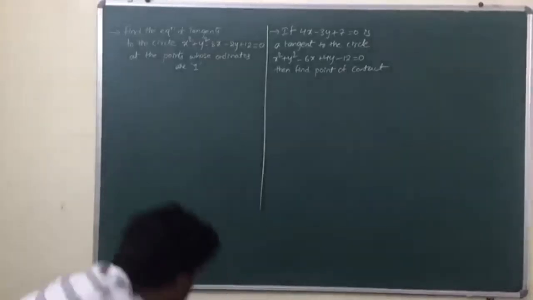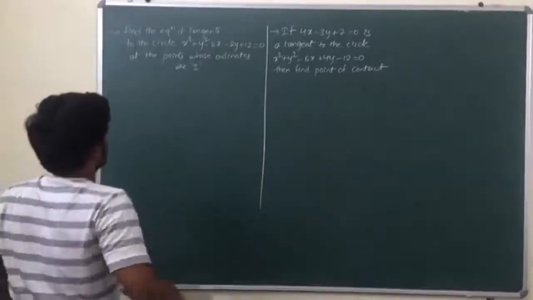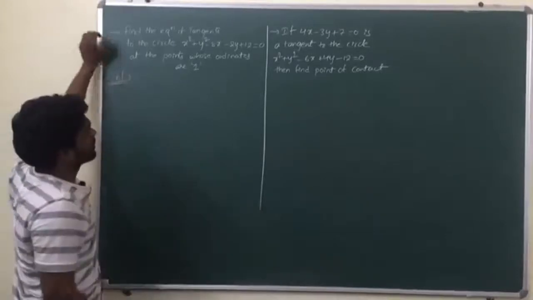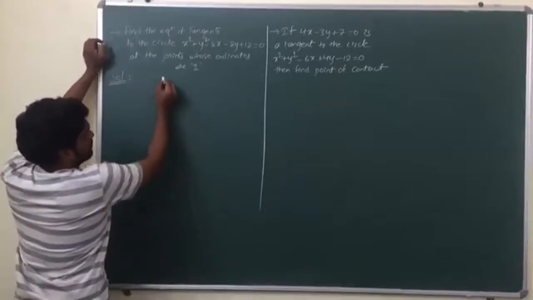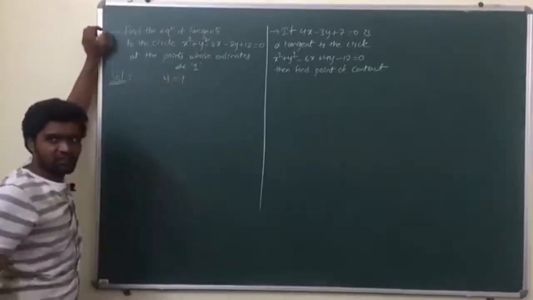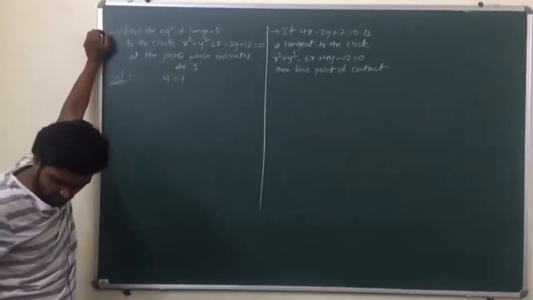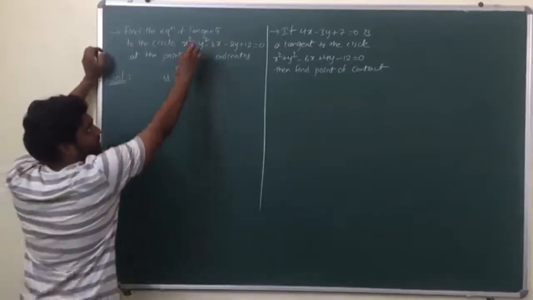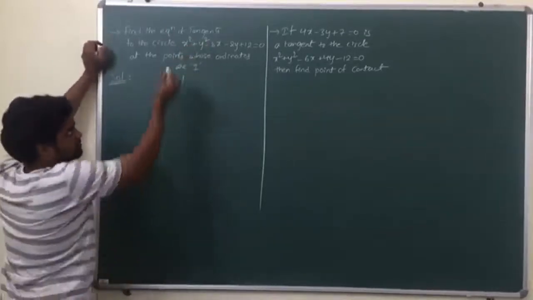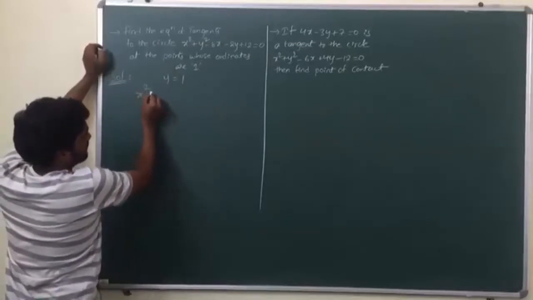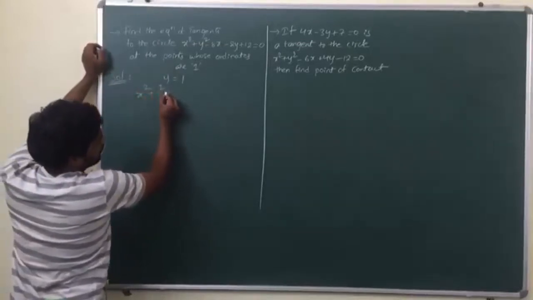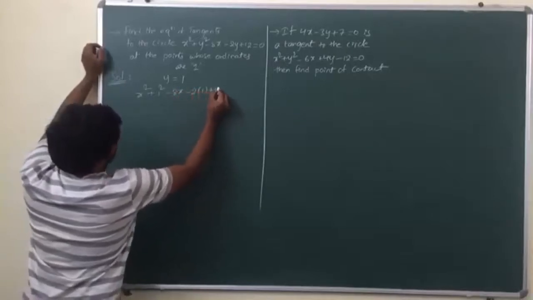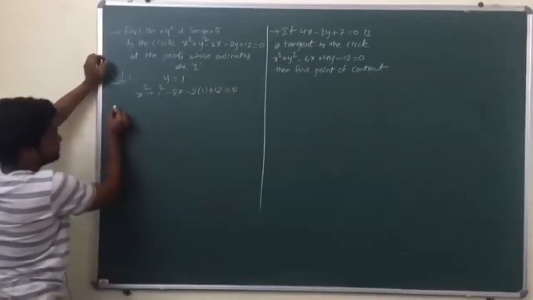Okay, so listen to the solution first. Whose ordinates are 1, so the given y coordinate is equal to 1. How to find the x coordinate? Put the value of y in the circle equation. So x square plus 1 square minus 8x minus 2 into 1 plus 12 is equal to 0.